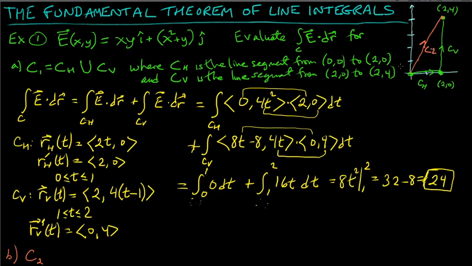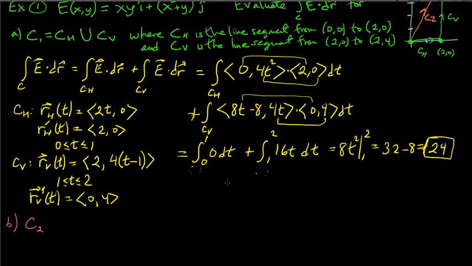Okay, close enough. So this will be my C2. Different curve. It's a straight line, so we can parameterize that very easily. C2 is the line segment from 0, 0 to 2, 4, so we're just going directly there. To parameterize that, I'll call it r2.